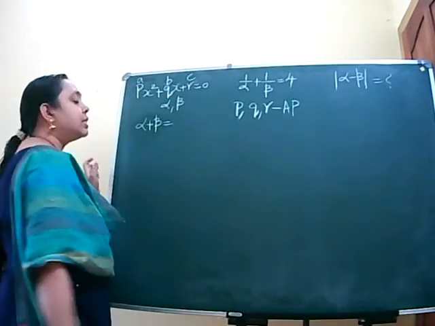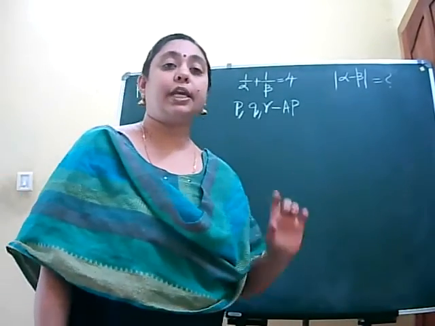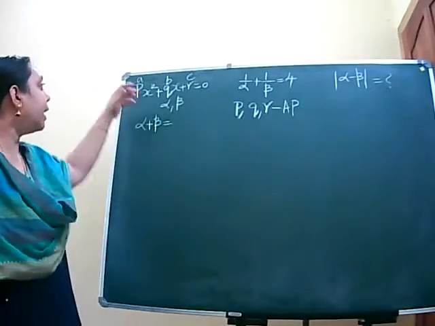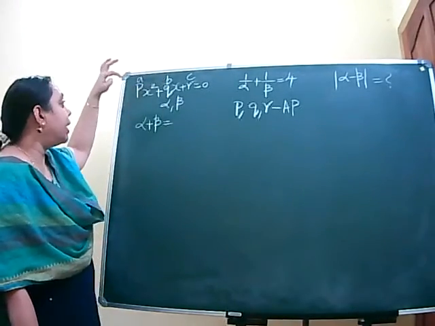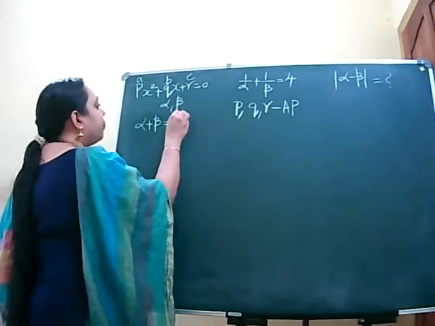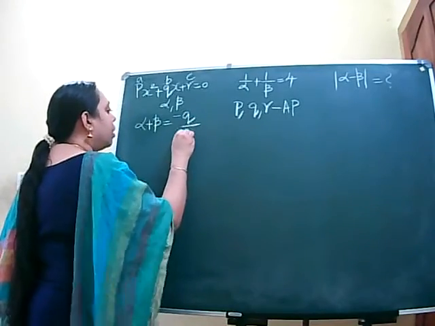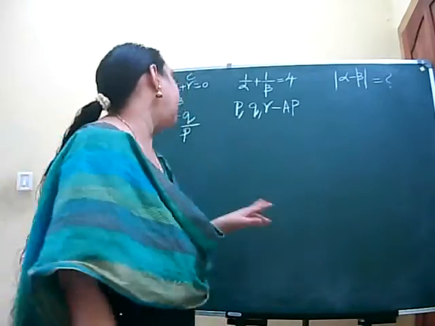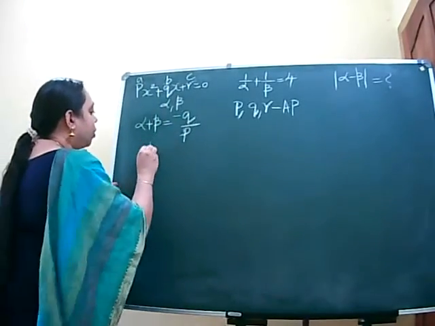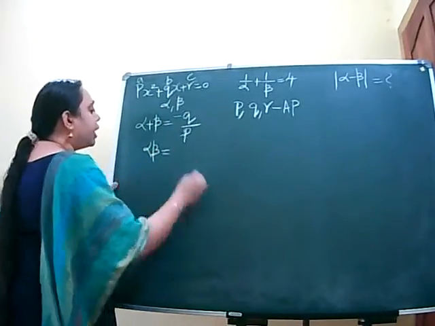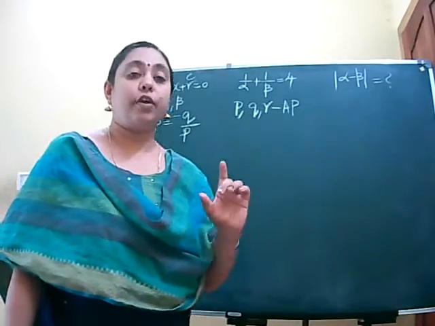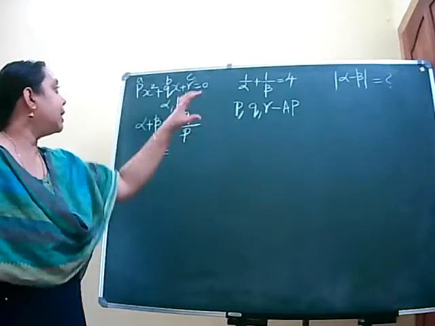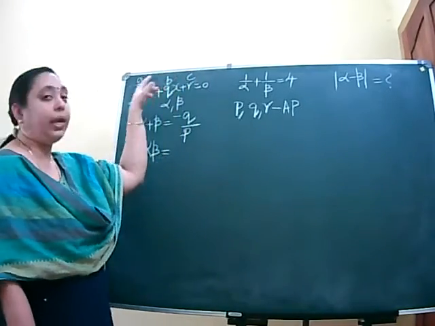We know that sum of the roots of a quadratic equation is minus b divided by a, that is here minus q divided by p. Next we take the product of the roots alpha beta. We know that product of the roots of a quadratic equation is c divided by a, that is r divided by p.